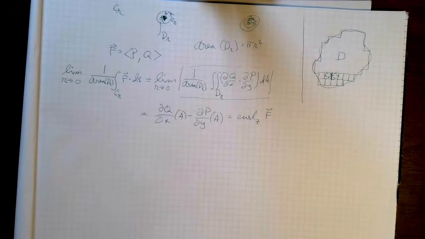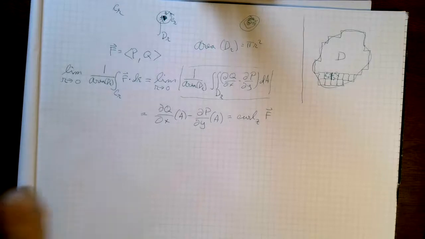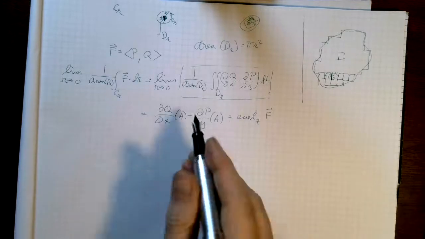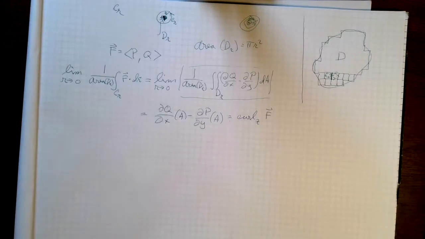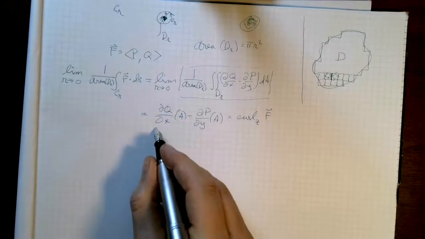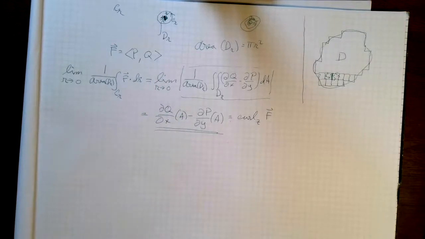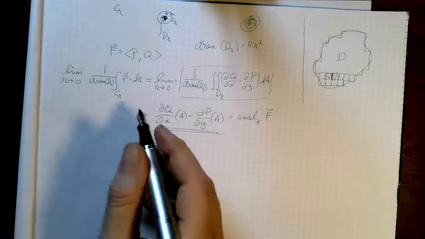It doesn't locally circulate. If we had this little rubber duck, it wouldn't twist around, right? So this is one way to figure out, using Green's theorem, why this is the right expression for saying that there is no local circulation.